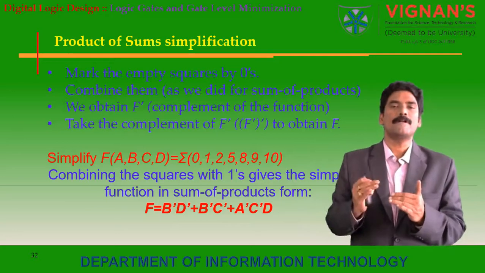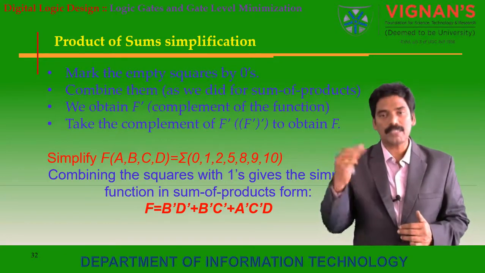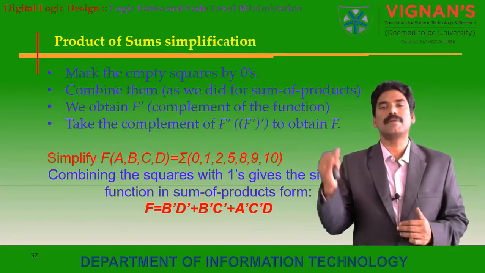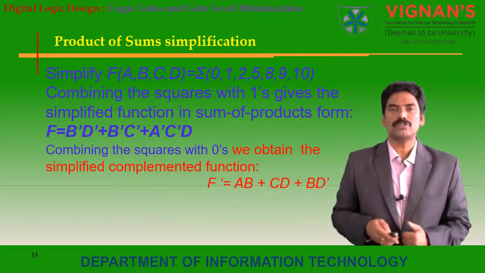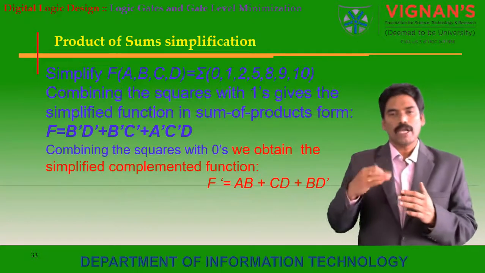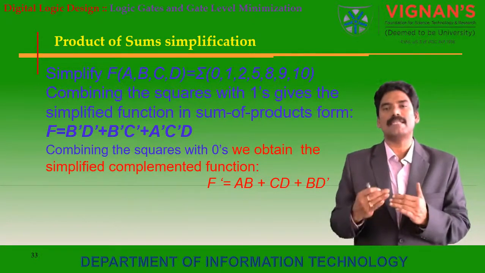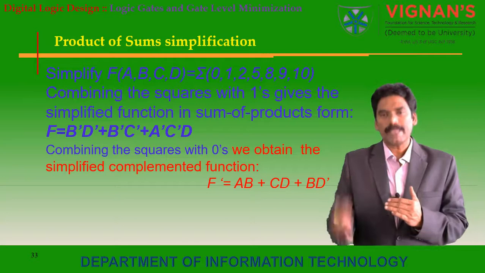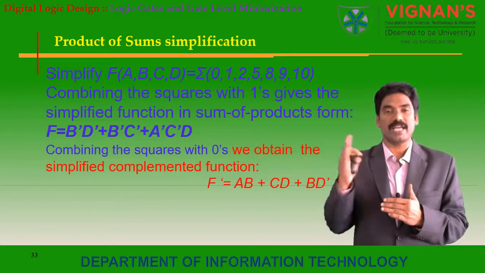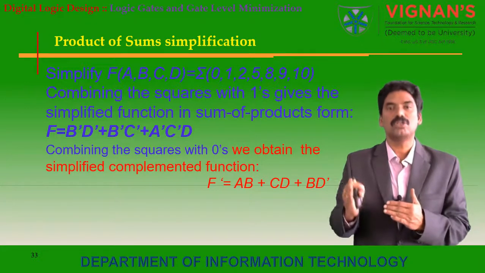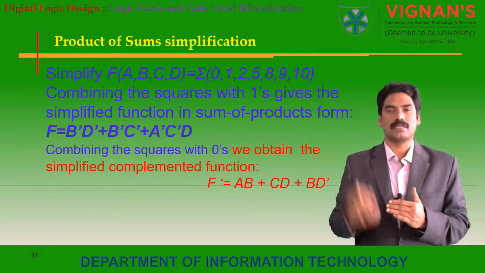F is equal to B bar D bar, B bar C bar plus A bar C bar D. Now what do we have to do? We have to combine zeros. By combining zeros, we get f complement, f dash. F dash is equal to AB plus CD plus BD bar.